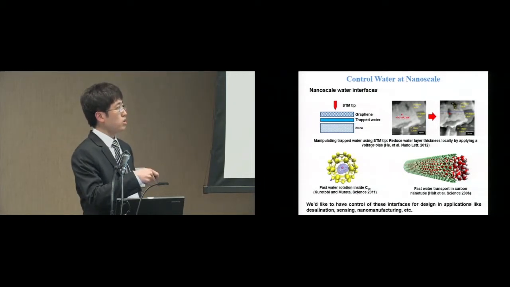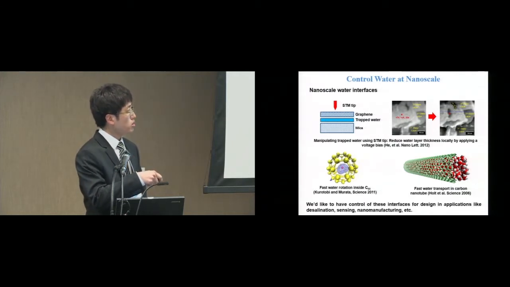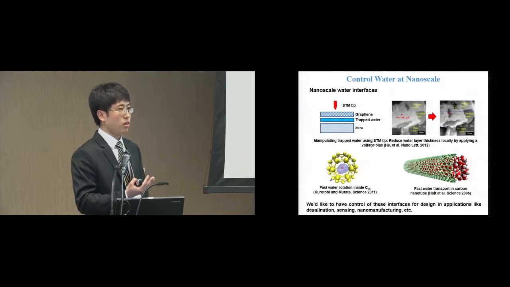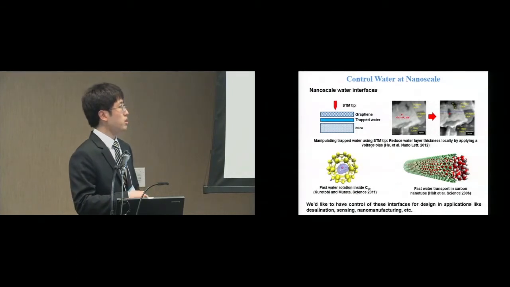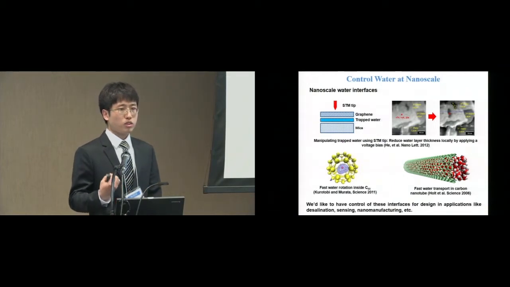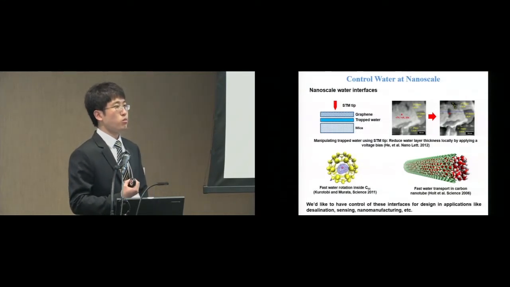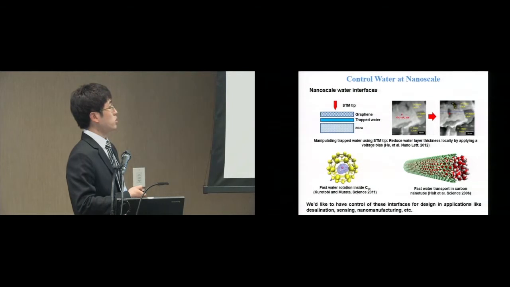The second example is a carbon nanotube, a tube composed of carbon with a diameter of a couple or several nanometers. Because the surface of the nanotube is very smooth, the friction between water and the surface is very small. That's why experimentally they observe fast water transport through this tube.